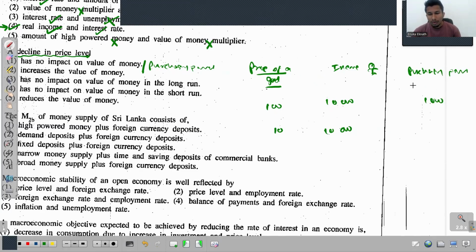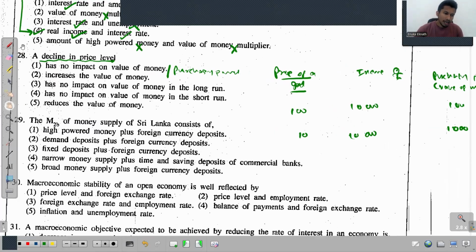If not, value of money is 100 units. But in the second situation, when the price level decreases, the price is just 10, right? When the price level decreases, the purchasing power gets increased to 1,000. If you know this, you can understand that this will never be the answer. Why? A decline in price level increases the value of money.